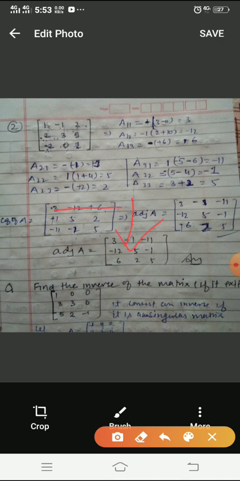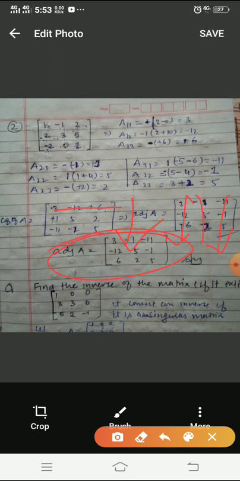Clear? So what is the row? 3, minus 12, 6. It is converted into a column, and the column is converted into a row. Again you can convert all these rows into columns. So 1, 5, 2, minus 1, 11, minus 1, 5. Now this is your adjoint. I hope it is clear.